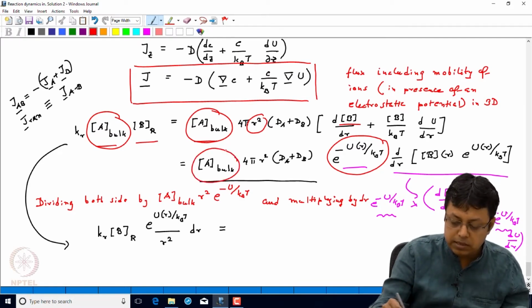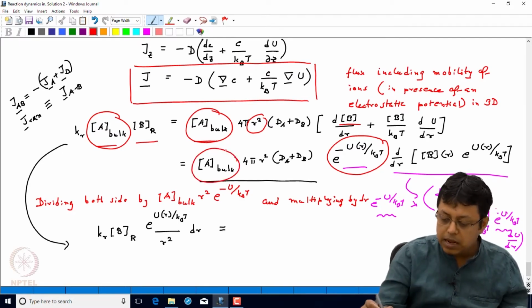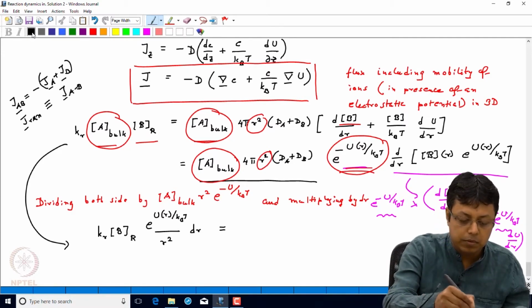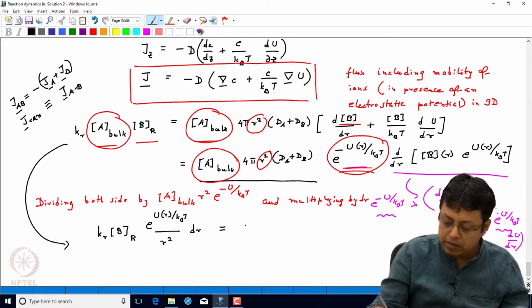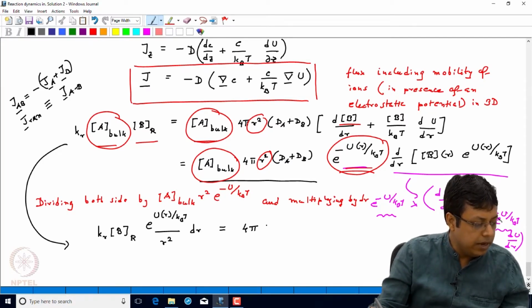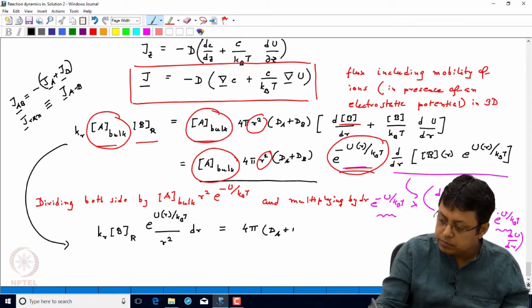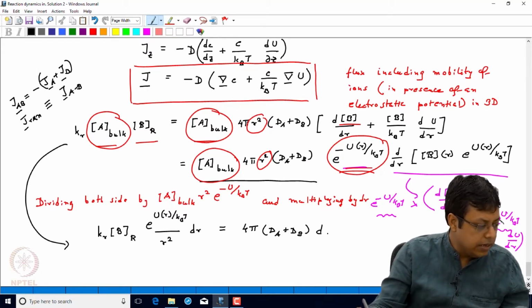This already got cancelled, and the r square will also be removed. So what I'll have is 4 pi, dA plus dB.